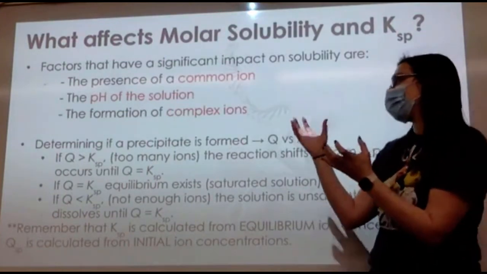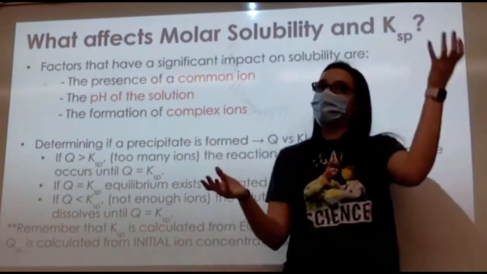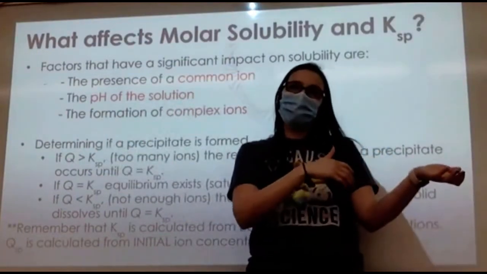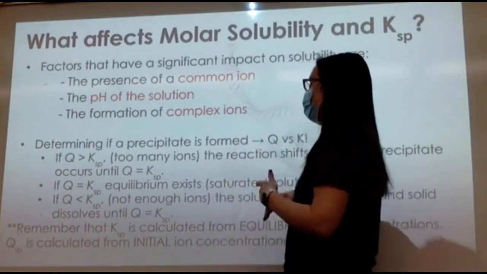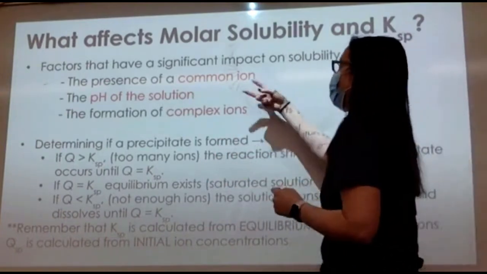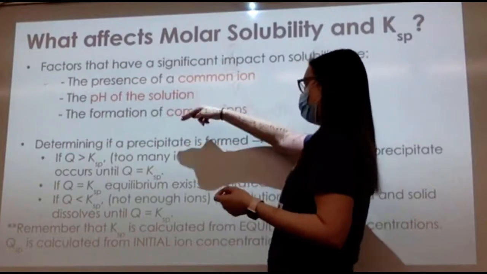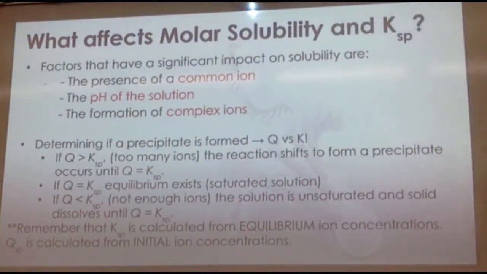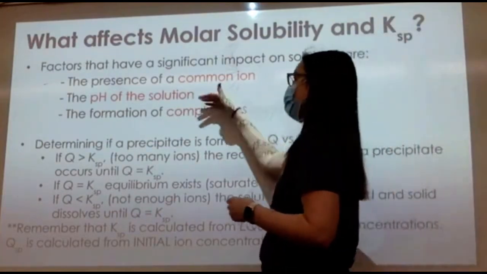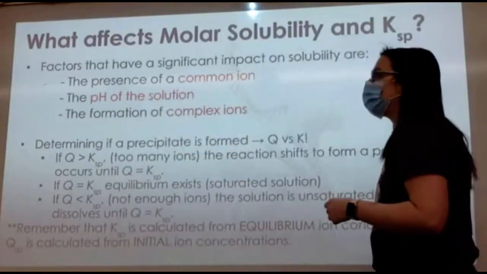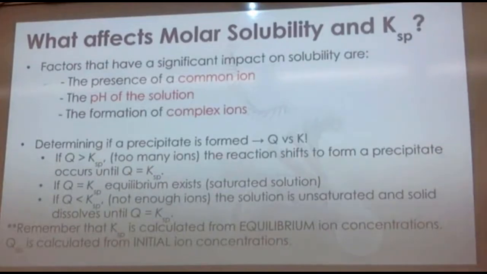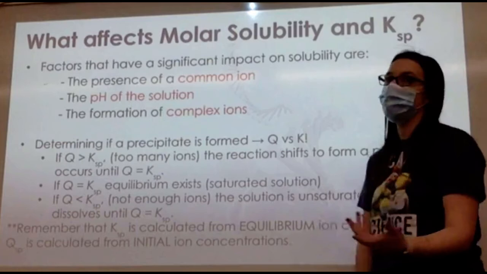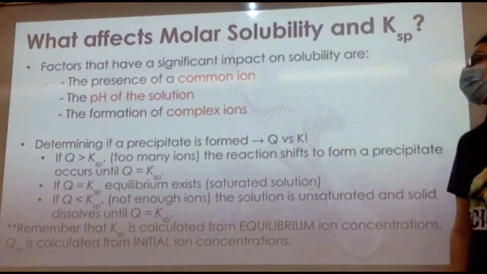And so by the metals forming these complex ions, now we don't have enough metal, so more solid has to dissolve. But complex ions are no longer tested. We will be focusing on common ion and the pH of a solution. We've looked at common ion already yesterday in one of the examples, and today in the do now. We'll also focus on pH. A lot of times the pH is just a common ion question if you have hydroxide in your solid. So if you're looking at weak bases.